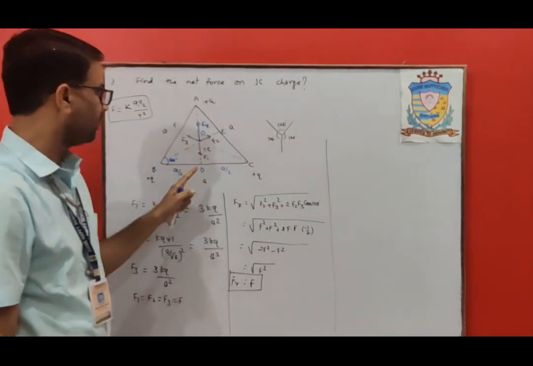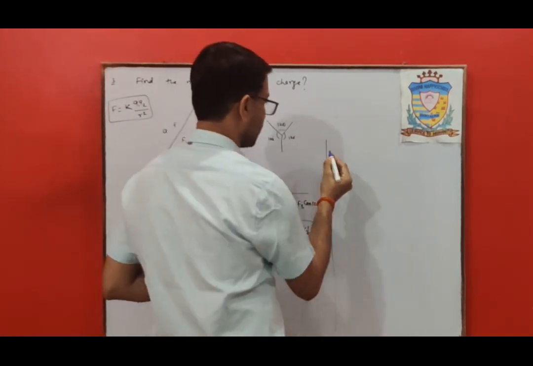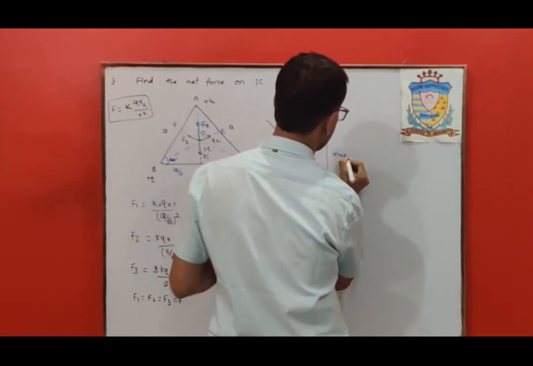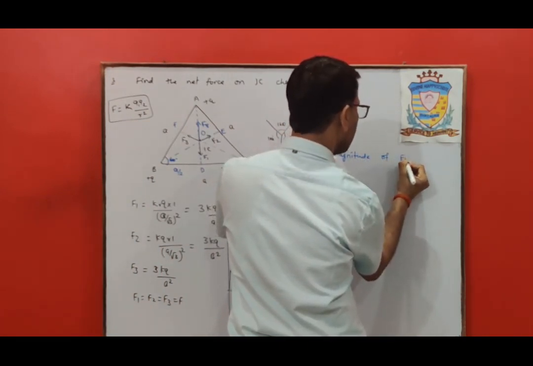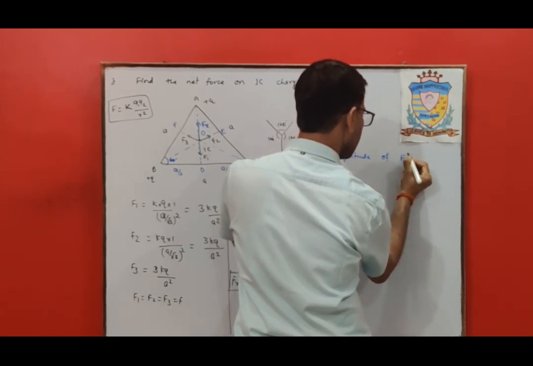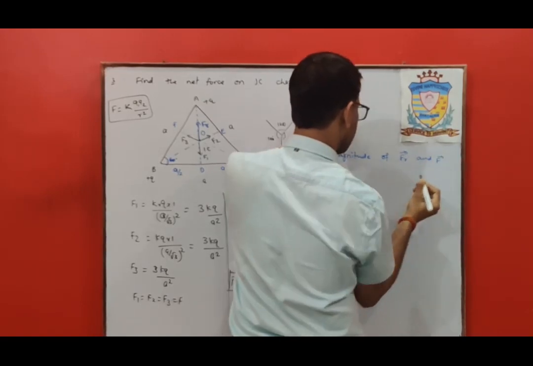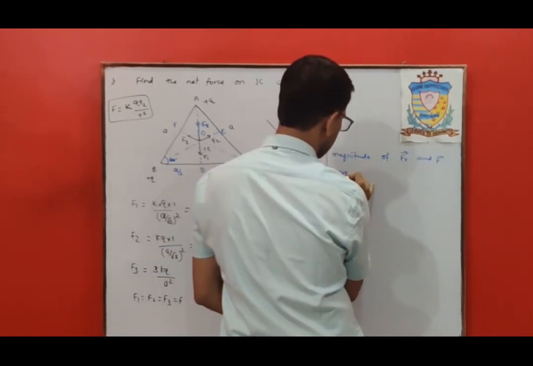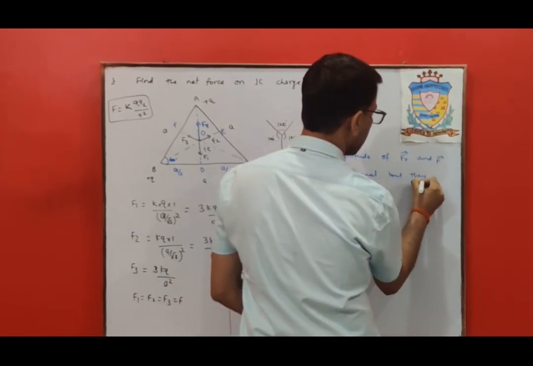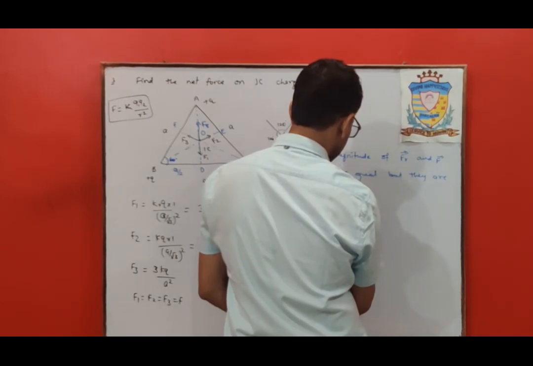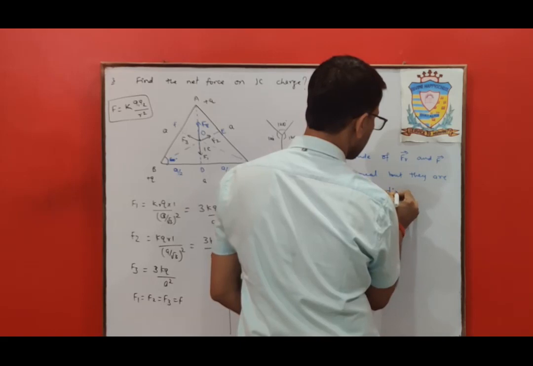And the value of F1 is again F. So here we can write that the magnitude of the FR vector and the F vector are equal, but they are opposite in direction.